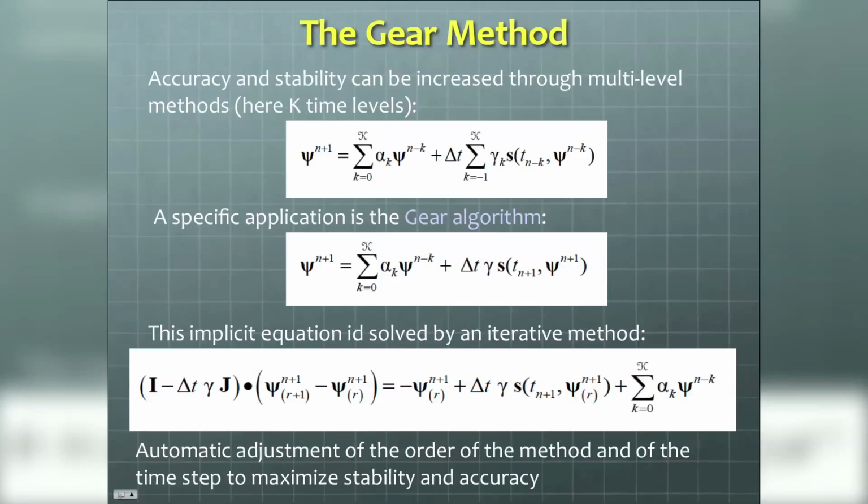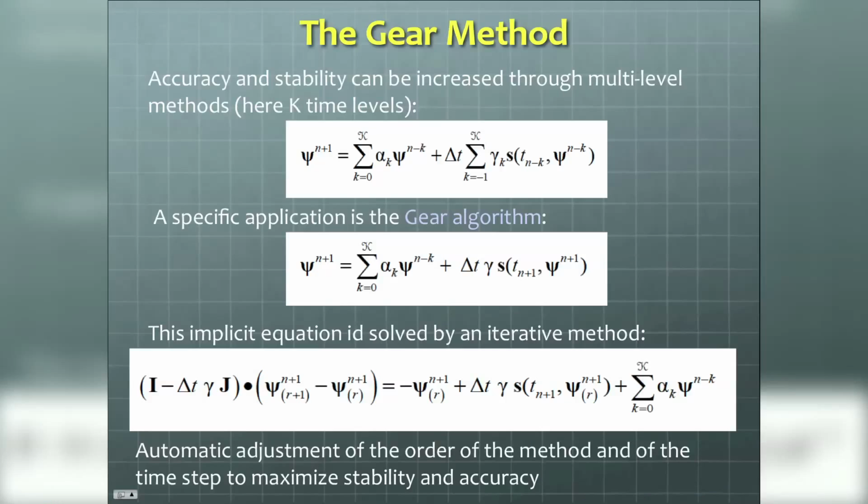A method that has been used a lot, that you might have heard about, is the gear method. This method is what's called a multi-level method. In other words, what you say here is that your solution at n plus 1 depends not only on the solution at n, at the previous time step, but on the solution from the previous, the previous from the previous, and so on.